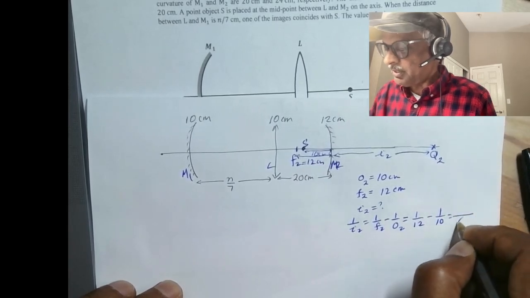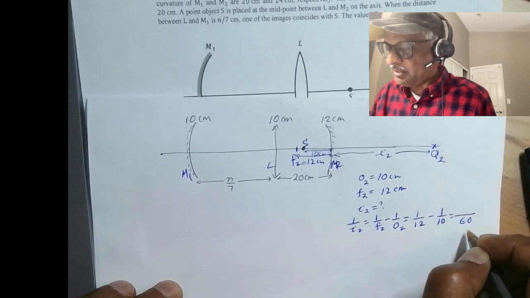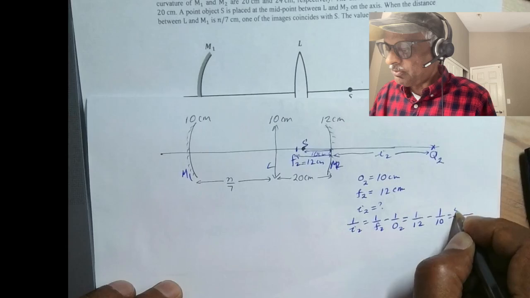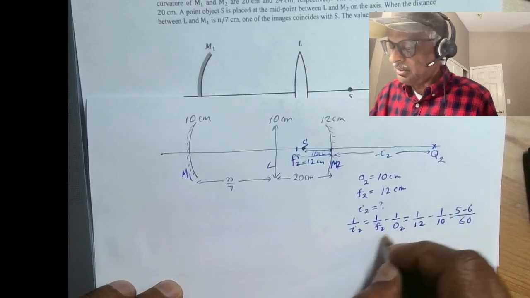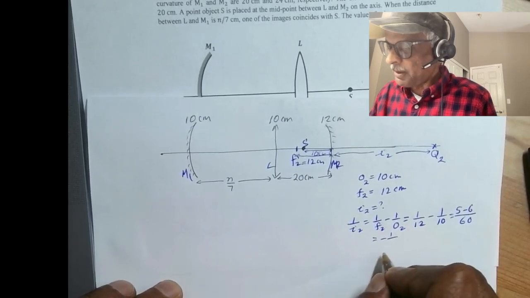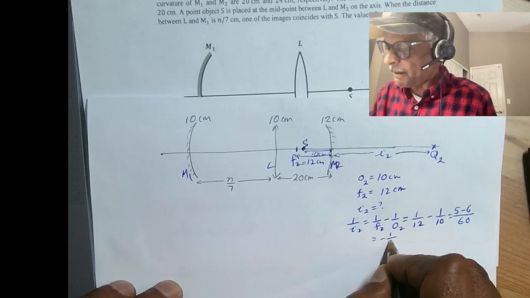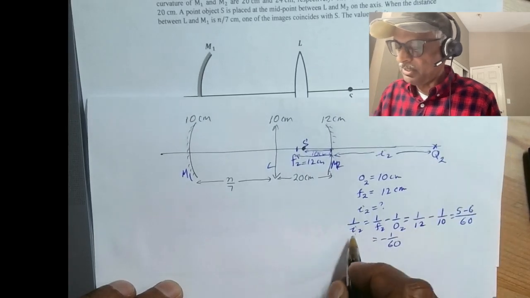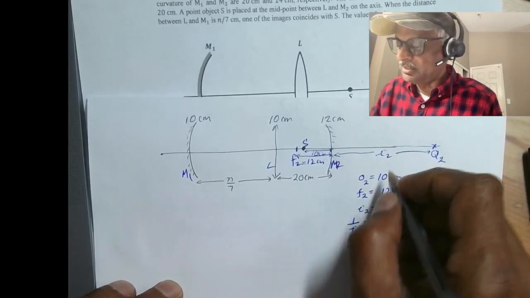So 5 minus 6 is minus 1 over 60, and the image is behind the mirror, so that's 60 centimeters.